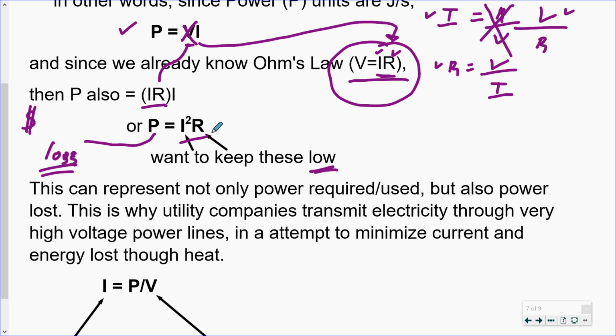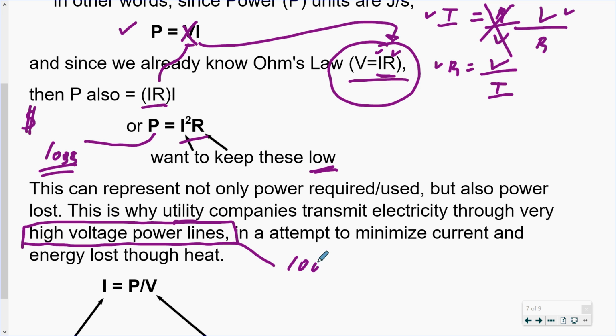So those high energy power lines going from an electrical generating station to a city and to people's homes, they want to minimize the power loss, so keep the current as low as they can, keep the resistance as low as they can. And this is why utility companies transmit electrical energy using high voltage power lines. So we're talking really high voltage power lines.